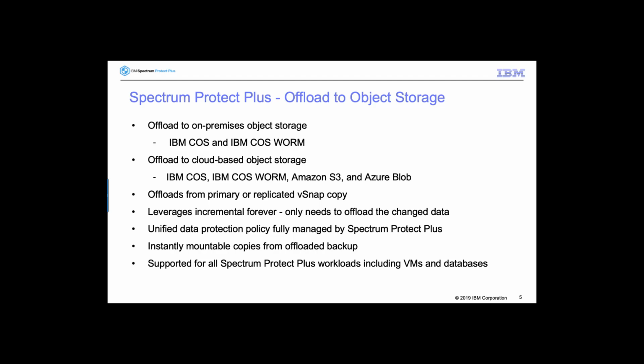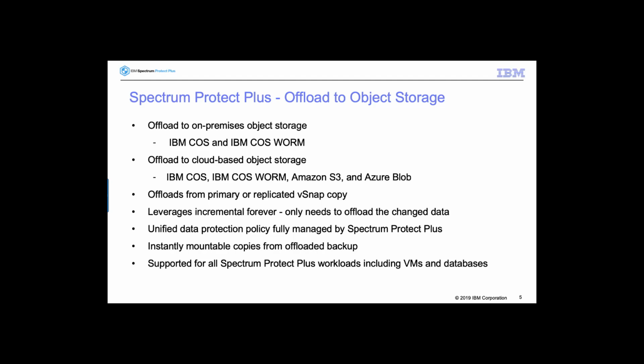And we also support, if you want to use a cloud provider to host this, offloading data to IBM Cloud Object Storage, IBM Cloud Object Storage WORM, and also Amazon S3 or AWS and Microsoft Azure Blob storage.